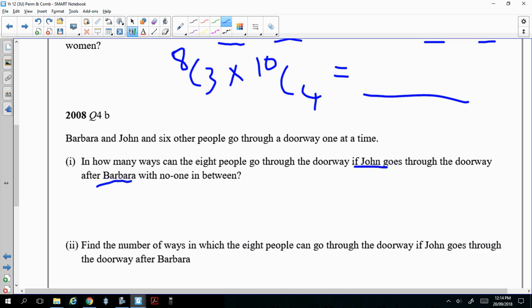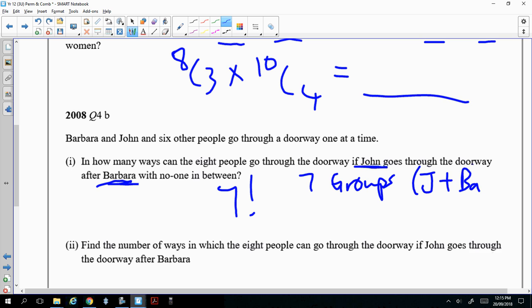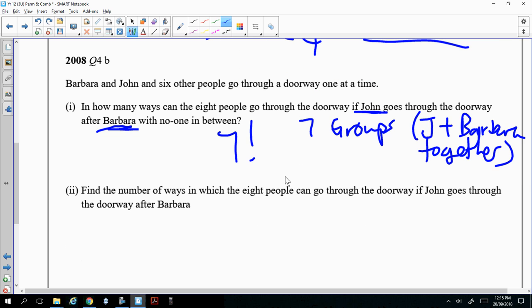So basically there's 7 groups with John and Barbara together. John, Barbara together. Okay, good. 7 factorial. Excellent. How about the next question? This one is a little bit tricky. And by the way, this is 1 mark, and this also 1 mark.